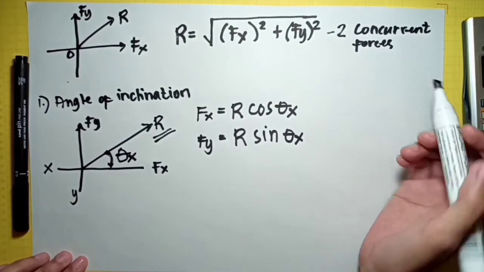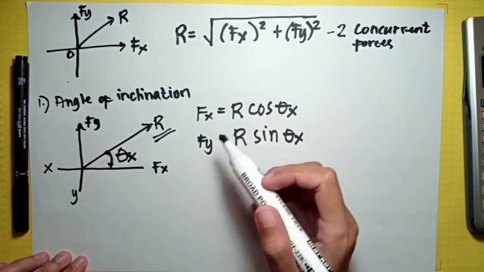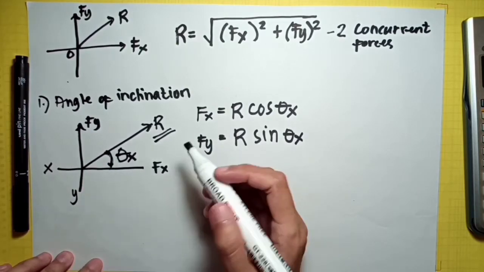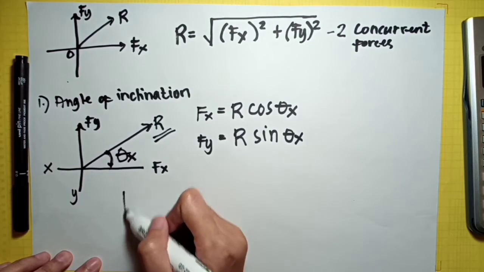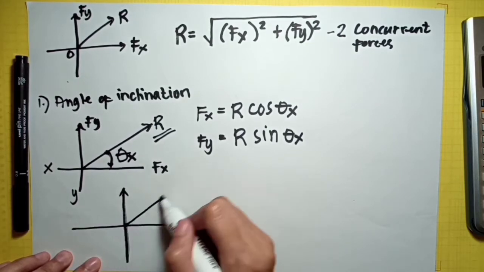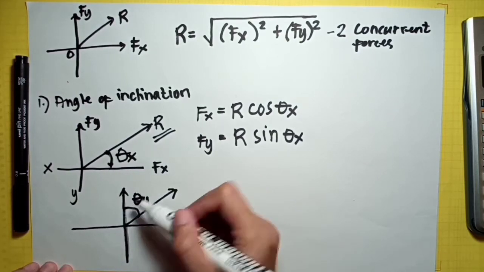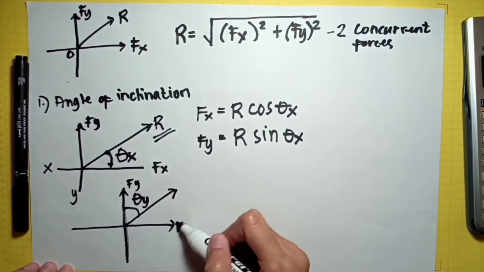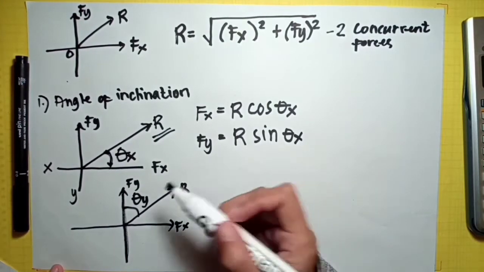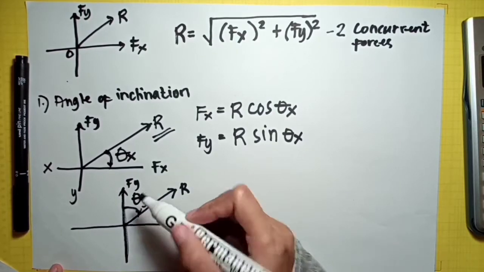Ipapakita ko na lang kung paano mag-iiba ang formula ng f sub x pati f sub y kapag ang theta ay nakalay sa y-axis. For example, sa diagram na to, so ito na. Nirepresent ko ang angle as theta y kasi nakalay siya sa y-axis.